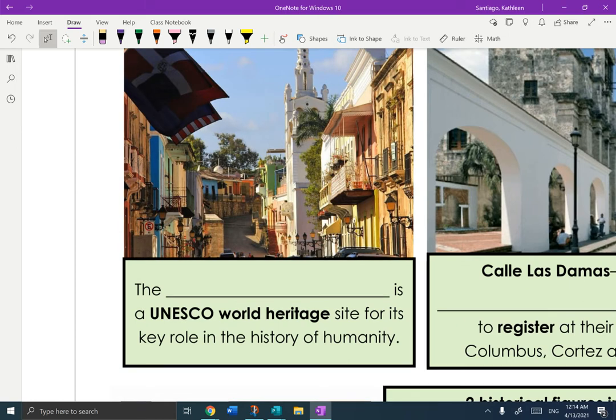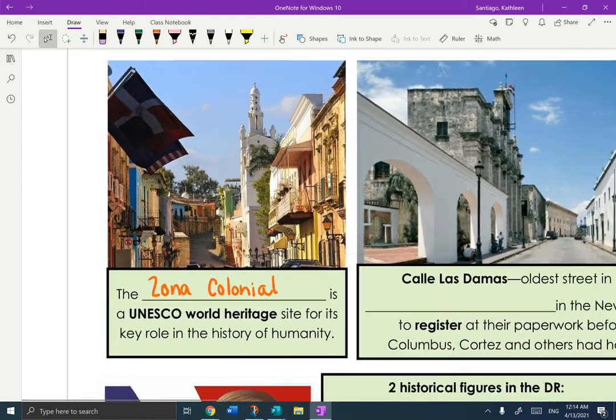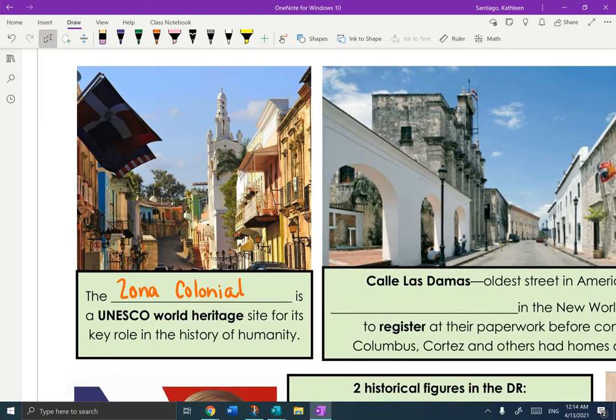It's going to be called the Zona Colonial, which is really saying the old part of Santo Domingo, or the colonial zone, is a UNESCO World Heritage Site for its key role in the history of humanity. Wow, that's a mouthful. But what they're trying to say is that it was the first European settlement in the New World. It has some very important aspects.